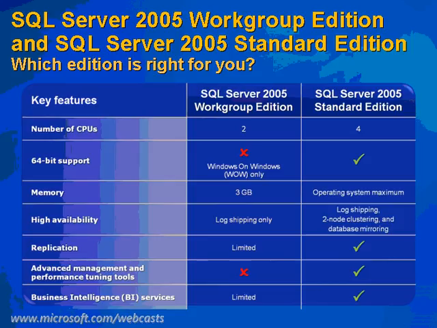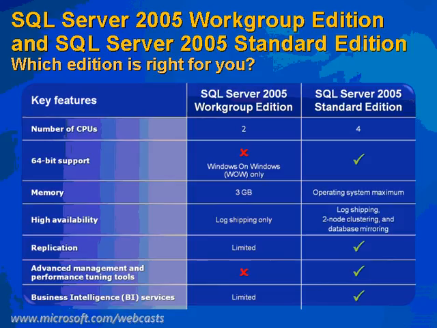High availability, we mentioned that log shipping was only the Workgroup Edition. Now, Standard Edition gives you not only log shipping, but also 2-node clustering. If you want to have redundancy at the hardware level, you can take advantage of clustering, but it's only limited to 2 nodes. You can only have 2-node clusters, as well as database mirroring.